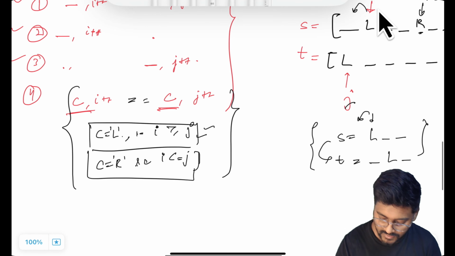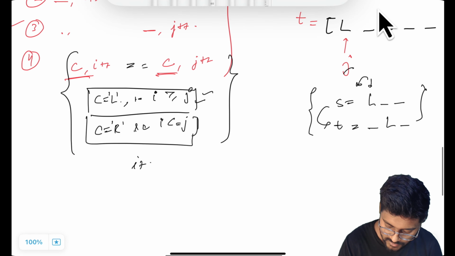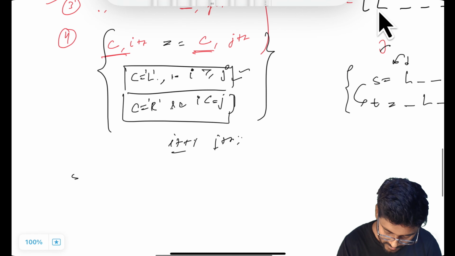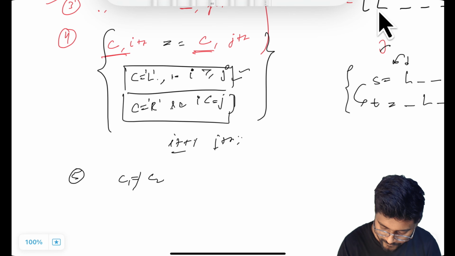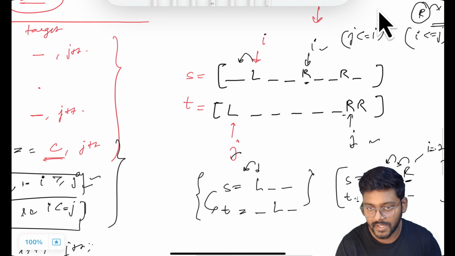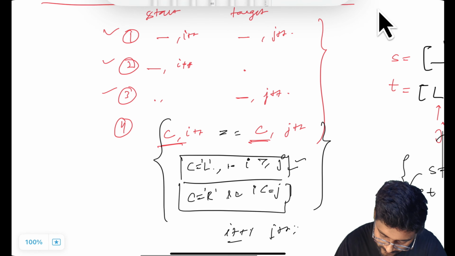If this is the case, we can move ahead. It means we can make these two characters on the same position. And what is my last condition? If those characters are not same, just directly return false, because the order of these characters is preserved. Okay, yeah, this much we have to do.